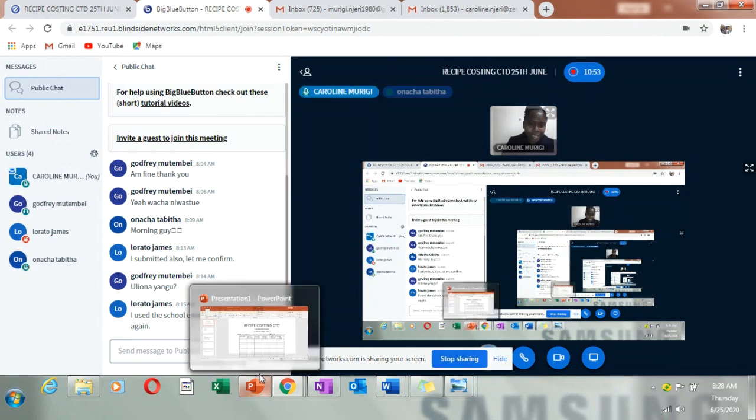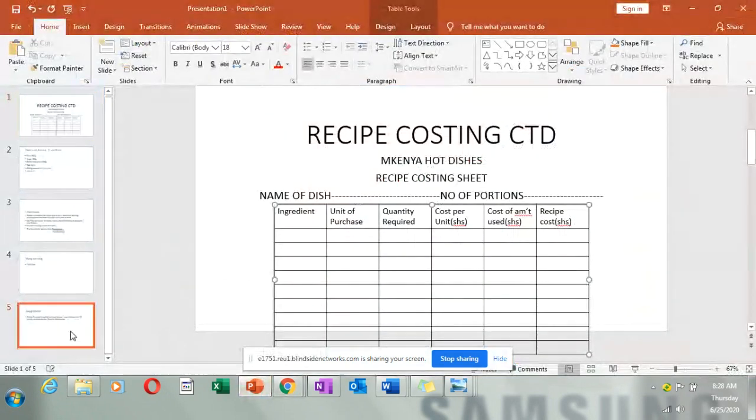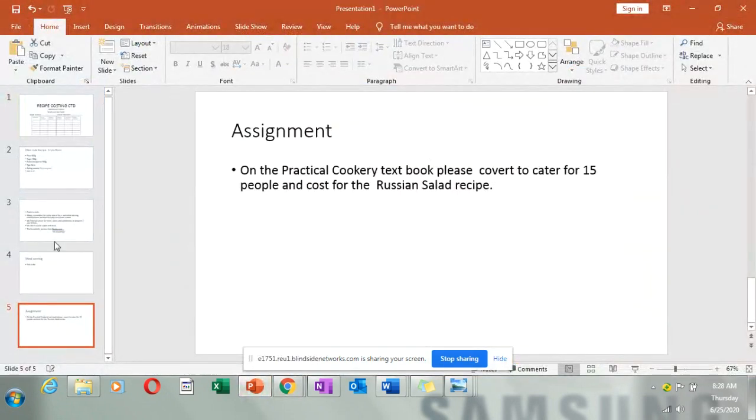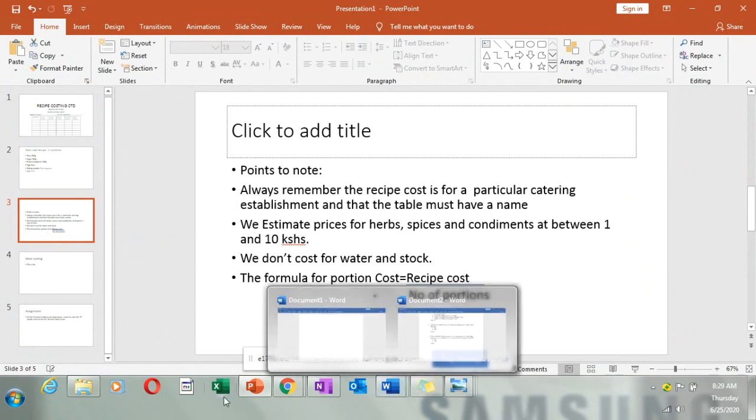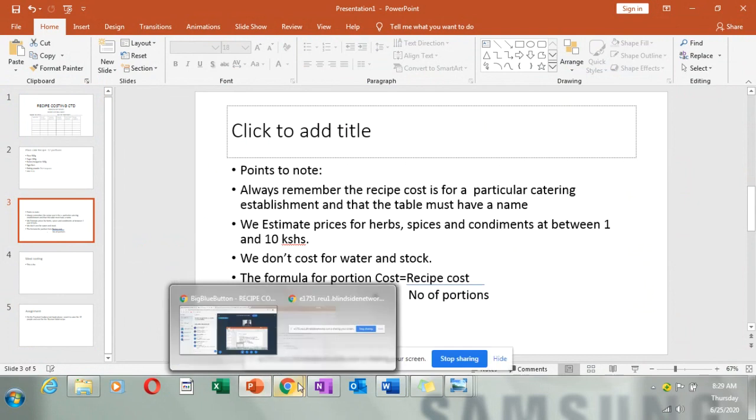Okay, so I'll show you that. The formula for portion cost is equal to recipe cost divided by the number of portions. So if your recipe cost was 550 and your number of portions was 15, then you do 550 divided by 15, and whatever you get is now the price for just one plate of that food, or one portion of that food. Okay.